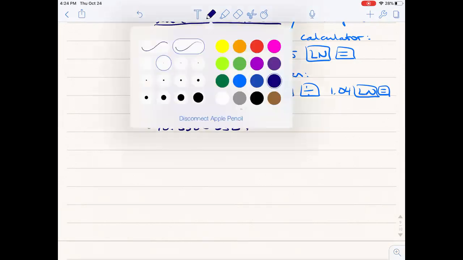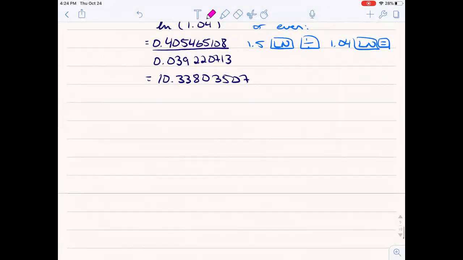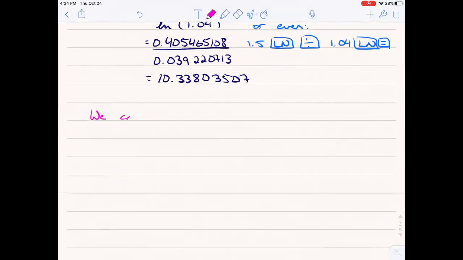And so I'll just make a note here. This is important and it trips people up, so I'll put it in pink.